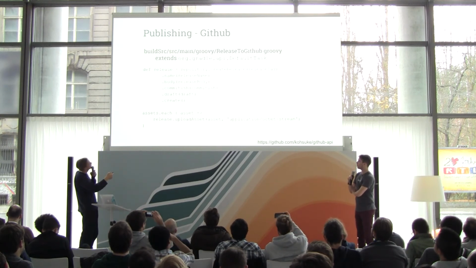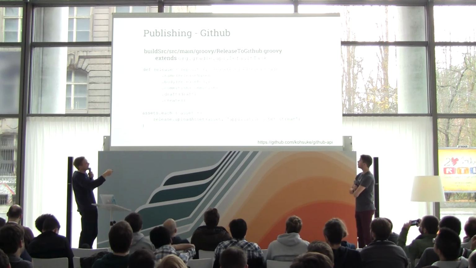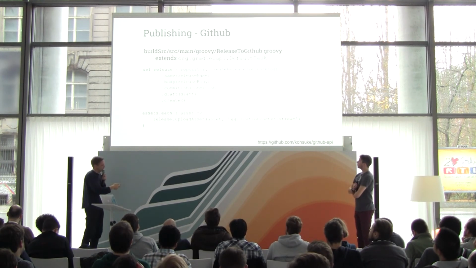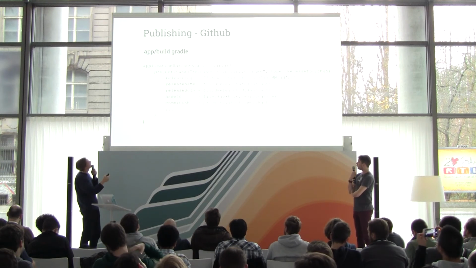In this case, we have to extend the base class for a task in Gradle. So we really define a custom task now, right? Like the release to GitHub, it is called in this case, and then we just call it through that API. And yeah, how do we use that task then?